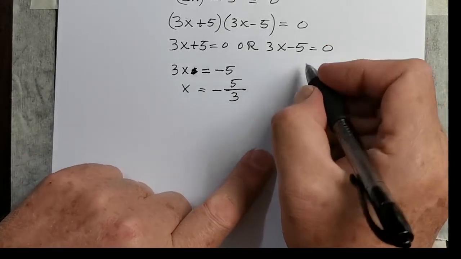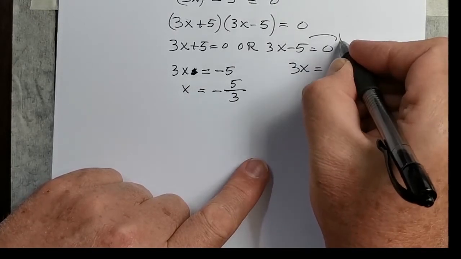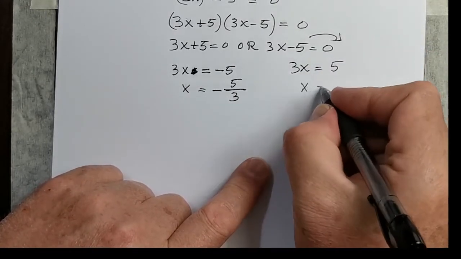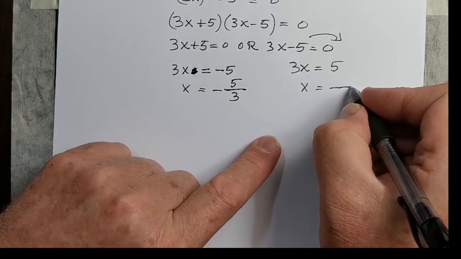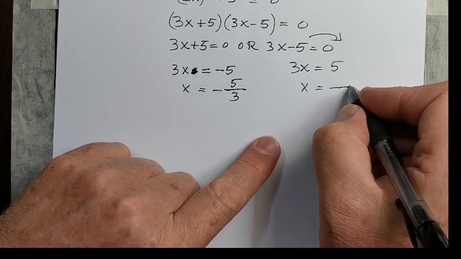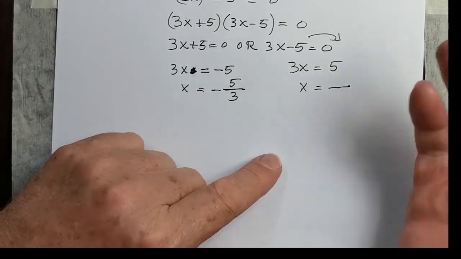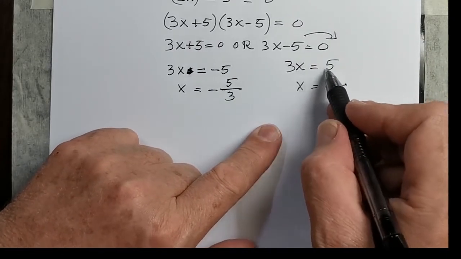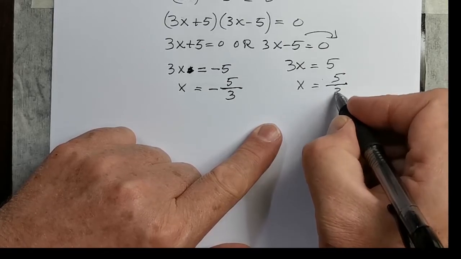How about the second case? 3x is equal to 5, bringing the 5 across here. 3x equals 5, or x is equal to 5 divided by 3.